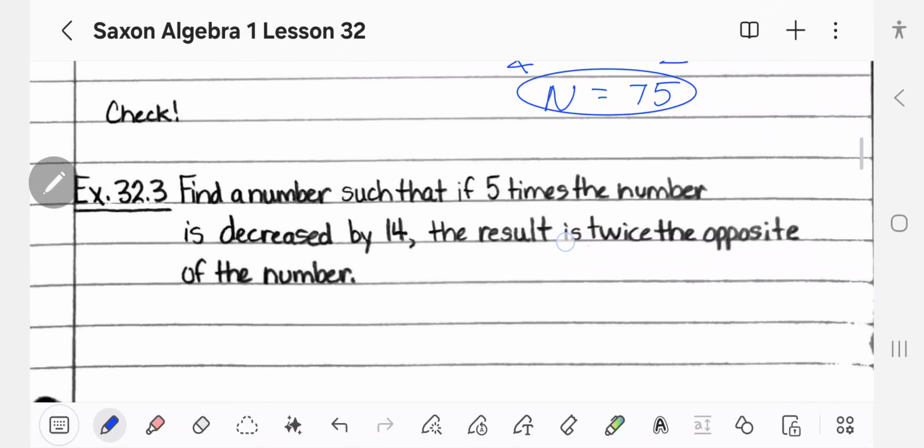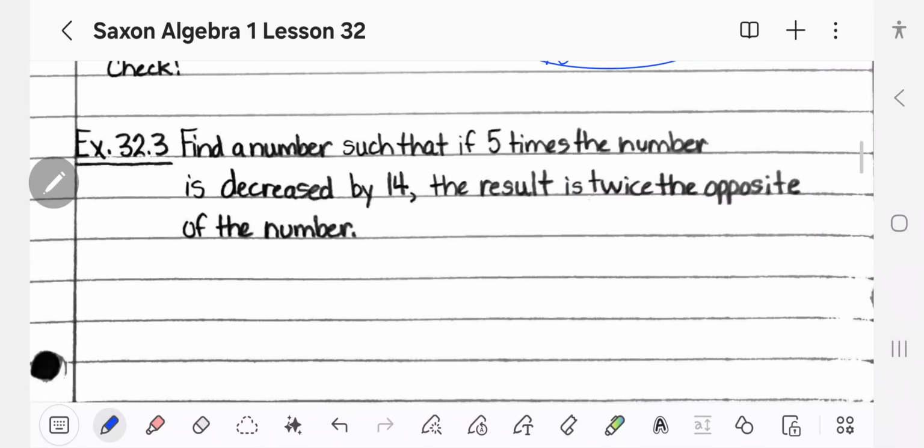Let's go to 32:3. Find a number, so we're going to say that's n, such that if 5 times the number, we can just put it right next to it. That means times.